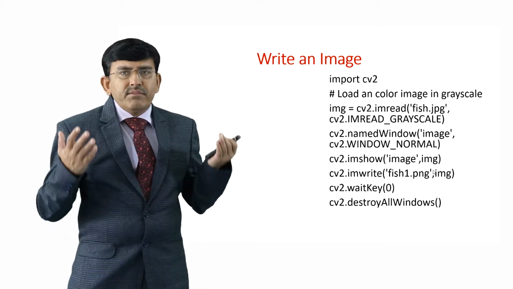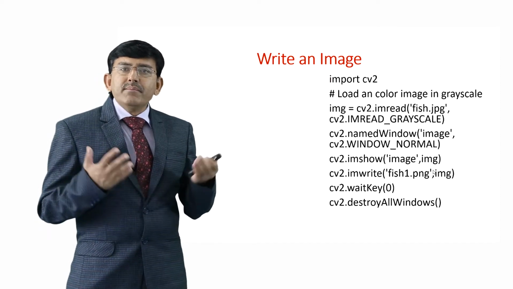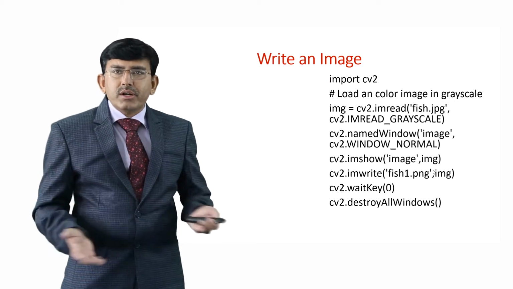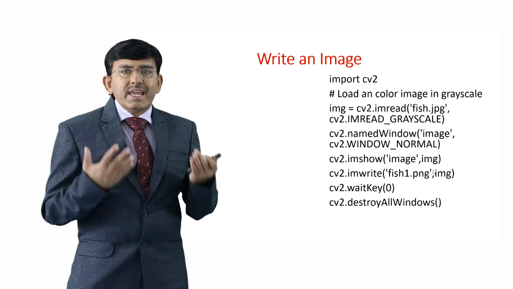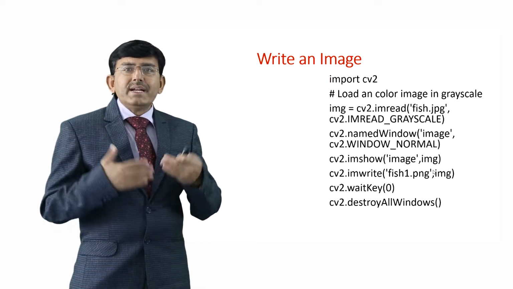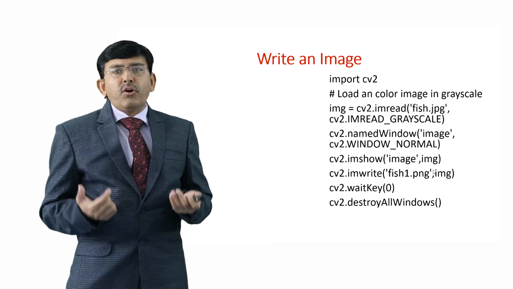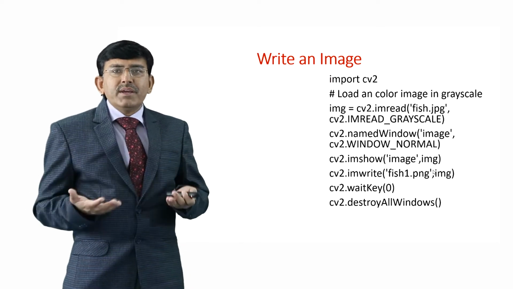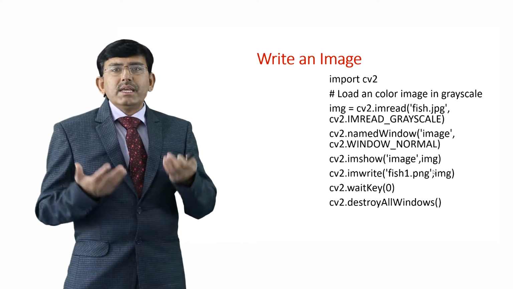Display that on the window with the help of imshow. Then the imwrite function is used to write the image after doing certain modification, in which fish1.png will be a new name. By that name we will store the updated copy of it, followed by a variable in which the currently updated image is present. Then followed by waitKey and destroyAllWindows.